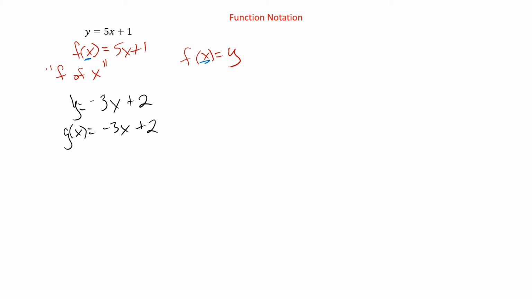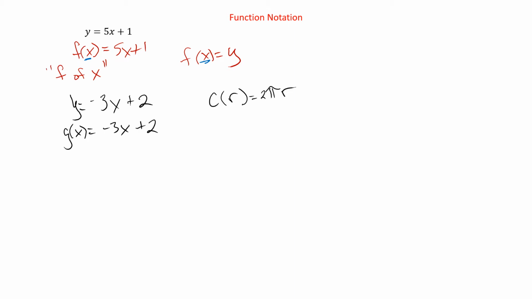And when we have an equation that has some meaning, we would use something that has a meaning. For example, when we have the circumference of a circle with respect to the radius, c of r would be 2 pi r, because we have the circumference based off of radius.